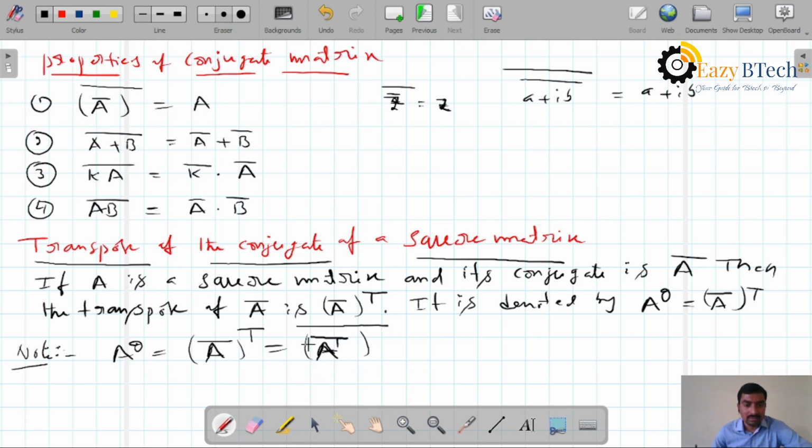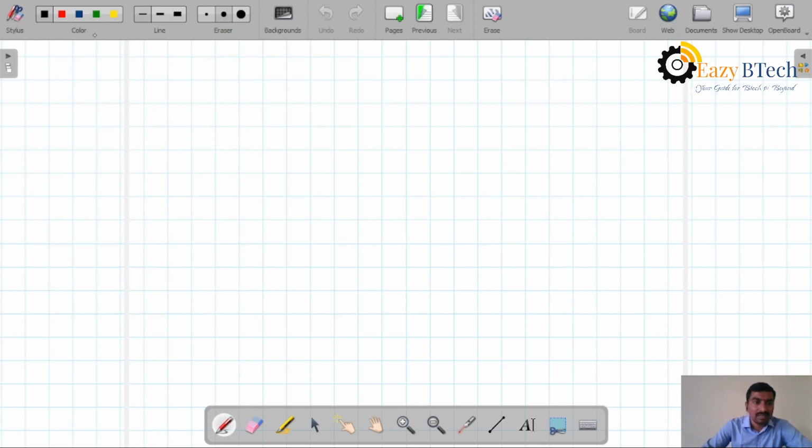So both are the same. Now we can see some examples so we can easily understand. For the transpose of conjugate of a square matrix, first we find the conjugate, after that we transpose this conjugate. See the example; you can easily understand it by this example.